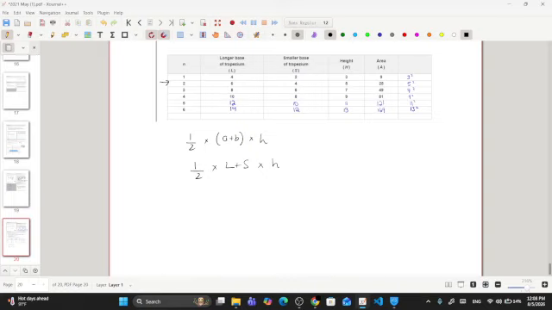So essentially, what do I have? L plus S over 2 multiplied by h is another way of writing it, right? That's another way of writing the same thing.